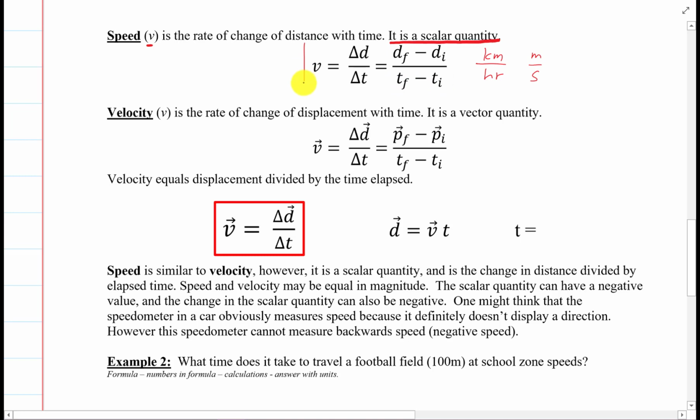So we have a formula, and we can get lazy and write v is equal to delta d over delta t. Sometimes we even get extremely lazy and write down v equals d over t.